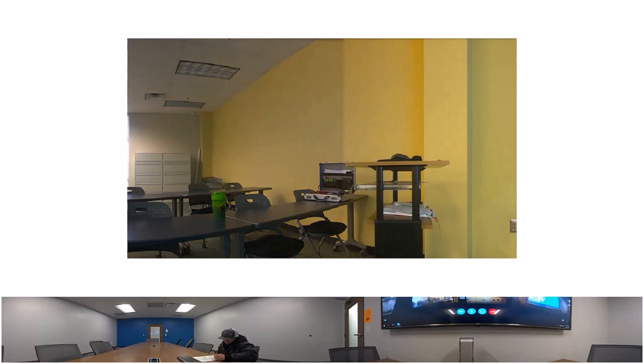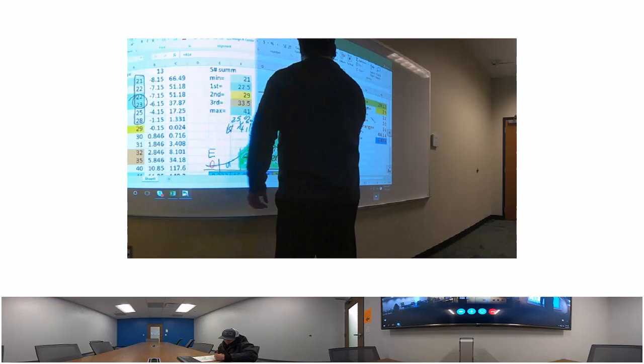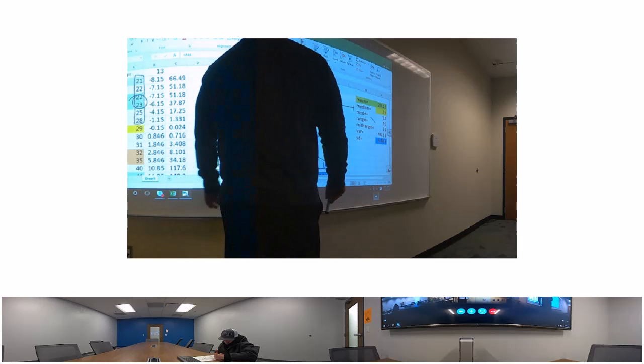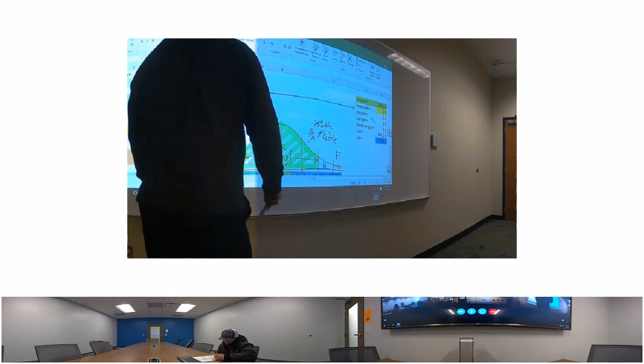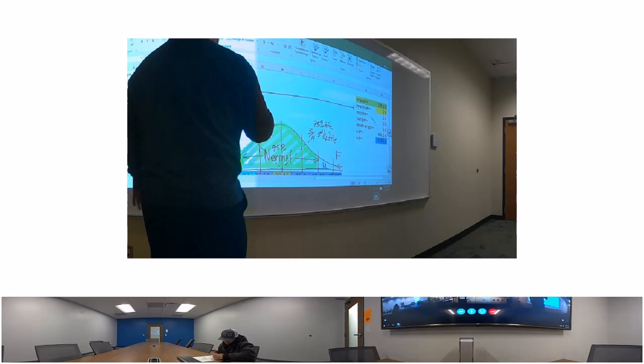Draw and fill in the number line. That's what I'm going to do. I'm going to draw a number line right here. Put 2 ends on it. And what do you think is going to go on the left side? The min. If the min goes on the left side, what do you think is going to go on the right side?